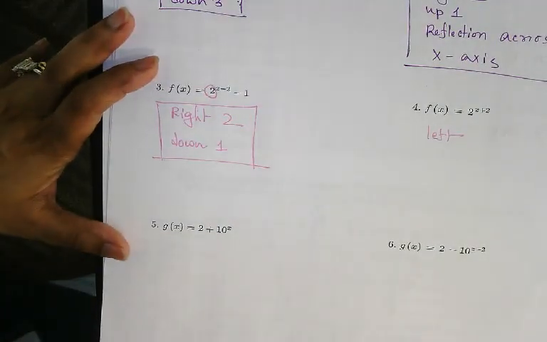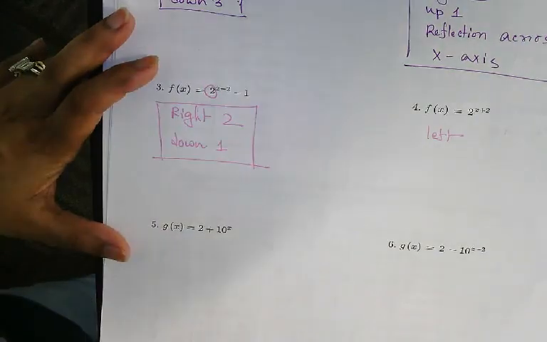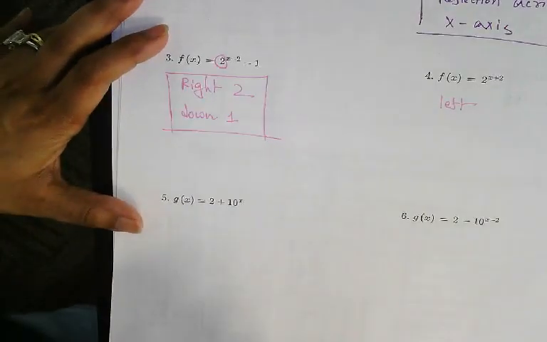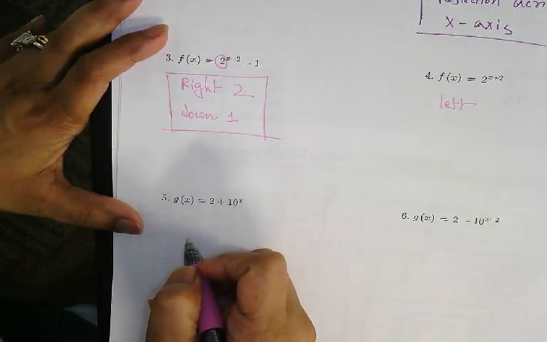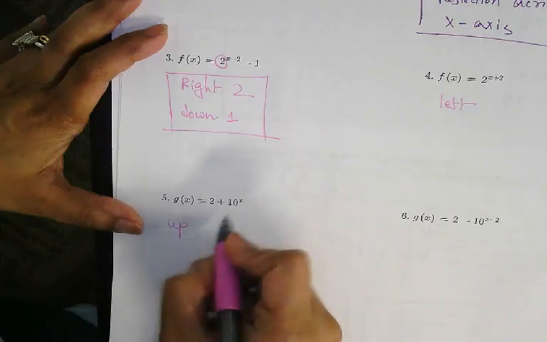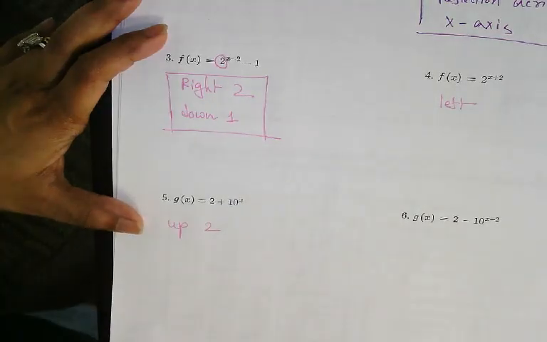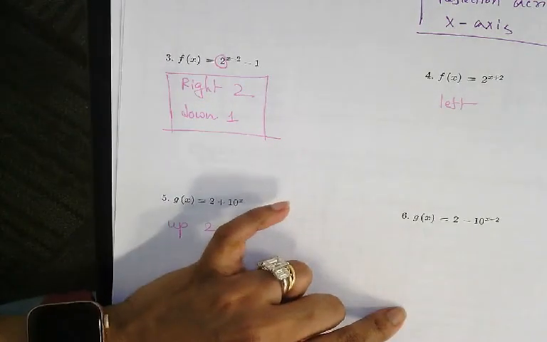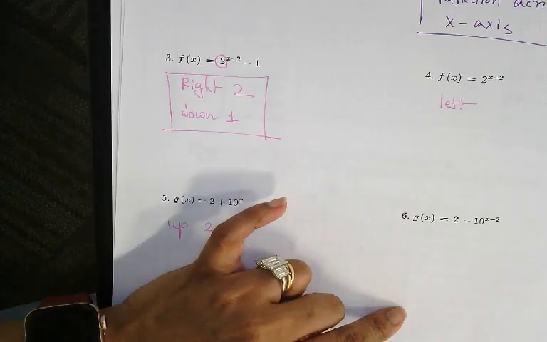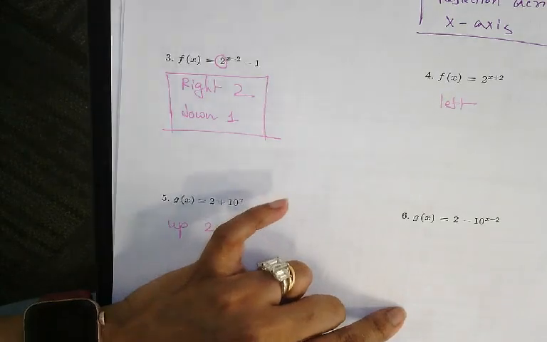Give me number 5. Jason, give me number 5. Number 6 from that side. Give me number 6.